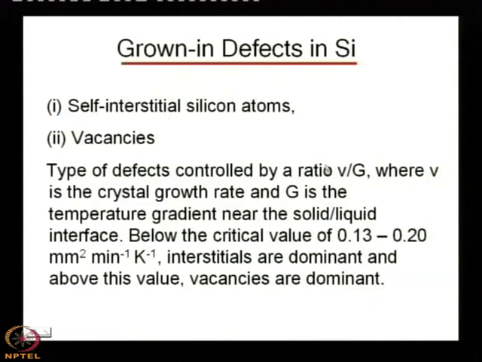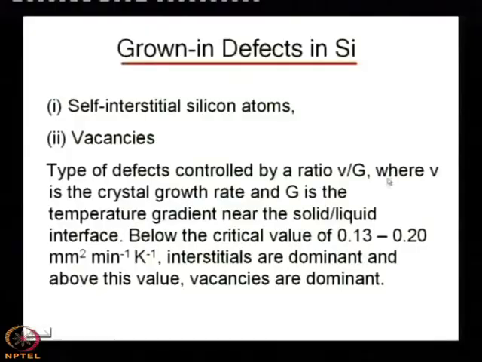That is why you have to very carefully choose the growth rate and the temperature gradient, because if the growth rate is very low, then economically it is not viable. For a silicon crystal to grow, you have to wait for several days.